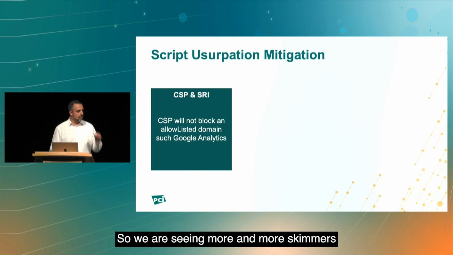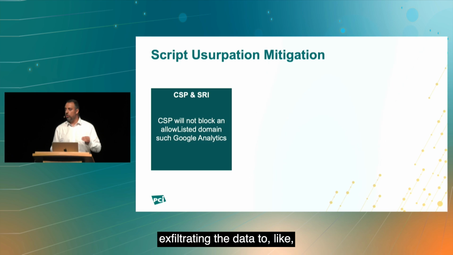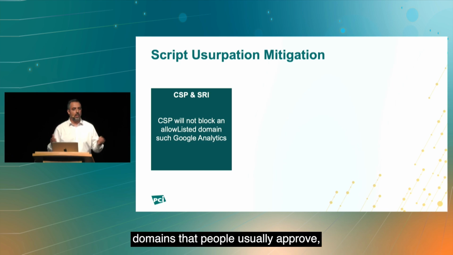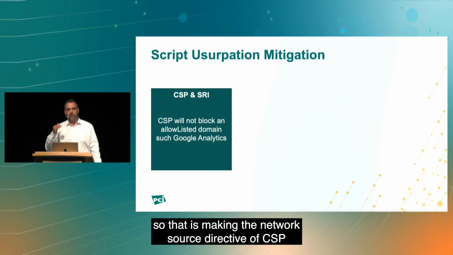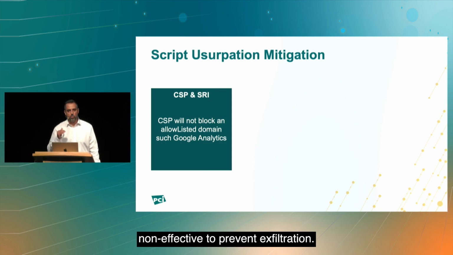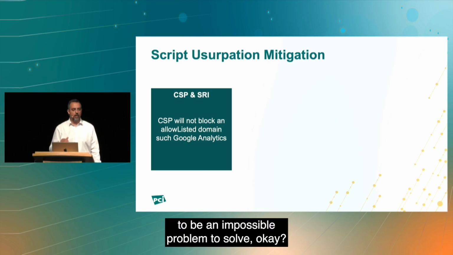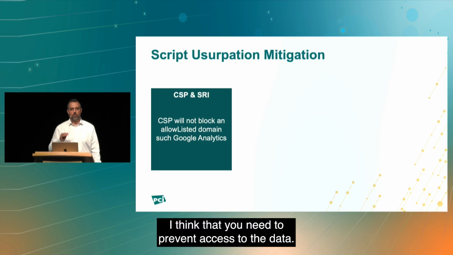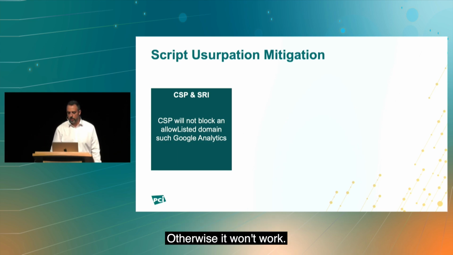So we are seeing more and more schemers exfiltrating the data to domains that people usually approve. So that is making the network source directive of CSP ineffective to prevent exfiltration. In fact, I consider exfiltration to be an impossible problem to solve. Okay? I think that you need to prevent access to the data, otherwise it won't work.